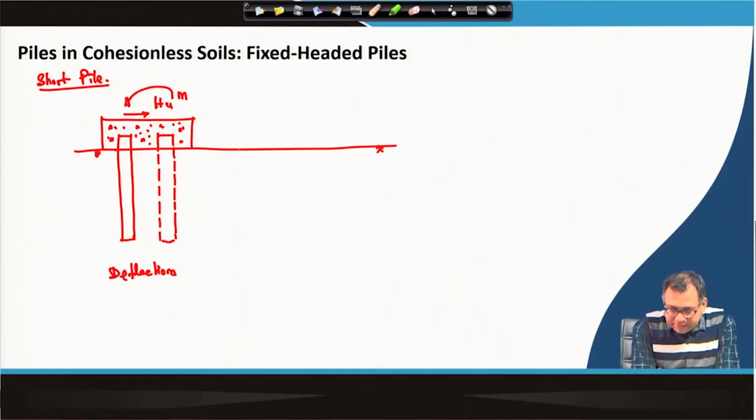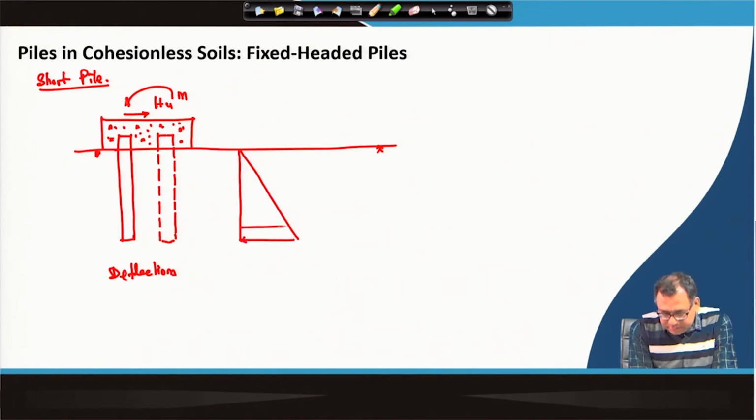Now, the reaction, again here the total will be the passive reaction. Soil reaction is the passive. So, this is again 3 gamma, or if it is a dry soil, I can write only gamma, or it should be the effective gamma dash L d K p.